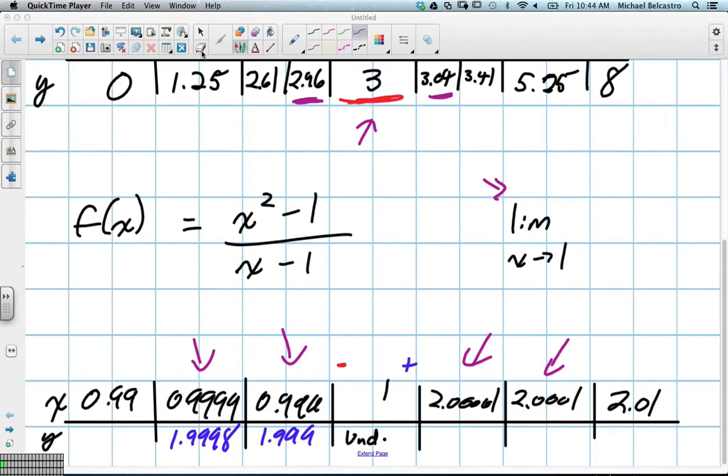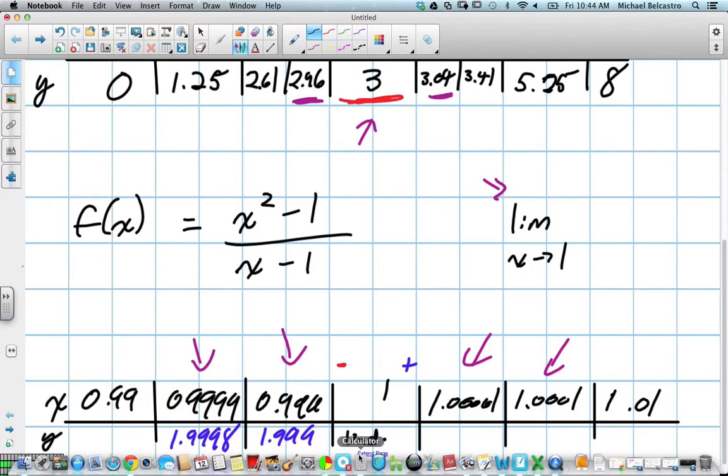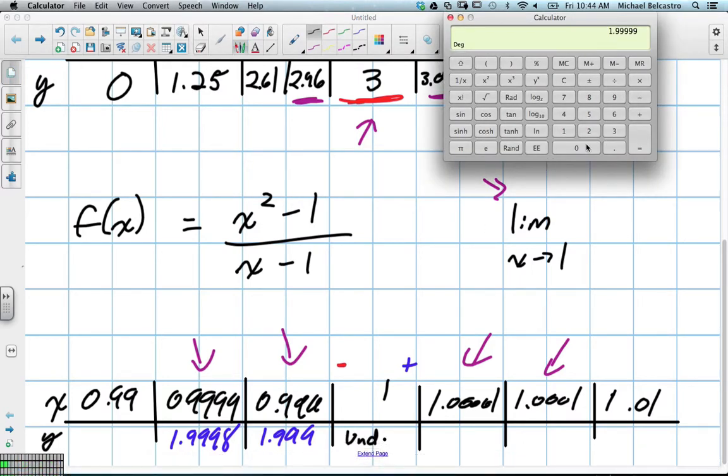Correction on the positive side here: 2.001 is not that close to 1. We're working with numbers like 1.001. So we'll jump right to our closest value to speed things up, and I'll try it again on the calculator. 1.00001 squared minus 1, divided by bracket 1.00001 minus 1, end bracket.